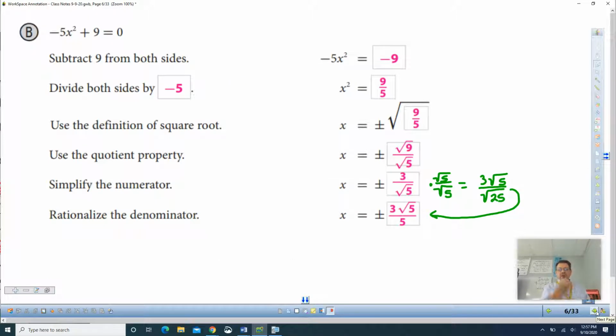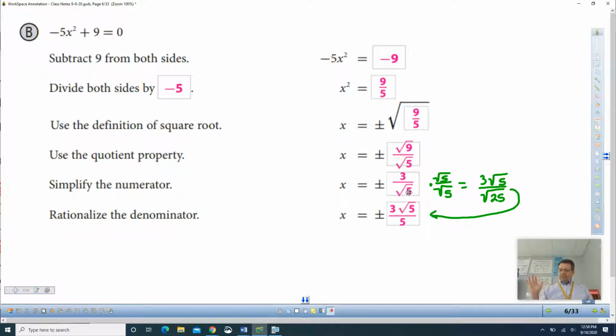So here's what we did, solving by square roots. Here's an example. We just solved it like there wasn't a square in it, and you subtracted 9 from both sides and got this. Then we divided both sides by -5. The negatives canceled. Then we took the square root, split the square root into the numerator and denominator, and that gave us a 3 over the square root of 5.